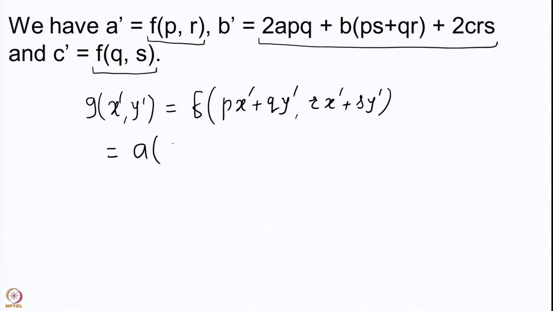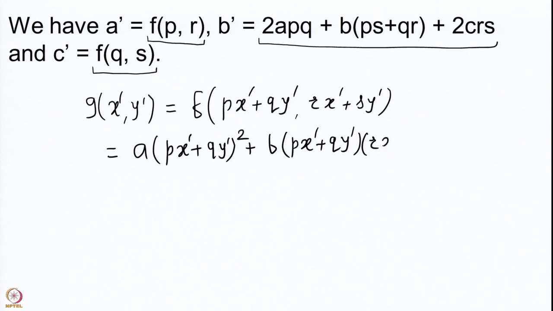So, we have a into p x prime plus q y prime whole square, plus b into p x prime plus q y prime into r x prime plus s y prime, and finally we have c into r x prime plus s y prime whole square. So, what are the terms for x prime square? Let us compute. For x prime square we are going to get coefficients from here. You will get a into p square.